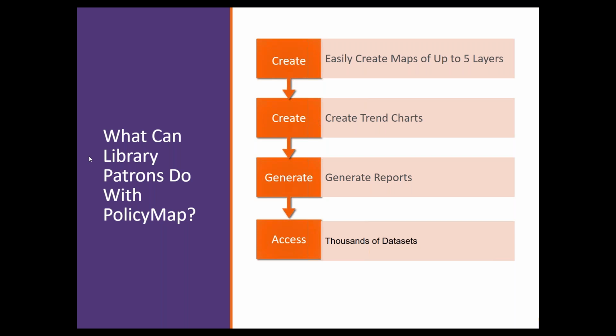They can generate reports, including a community profile report, and community profile reports can be generated for specific geographies, for a radius around a specific location, or for any area that's drawn on a map. And most importantly, PolicyMap provides your patrons and library staff with thousands of data sets. And as I mentioned before, the data is coming from about 170 different sources and provides access to over 70,000 different indicators.